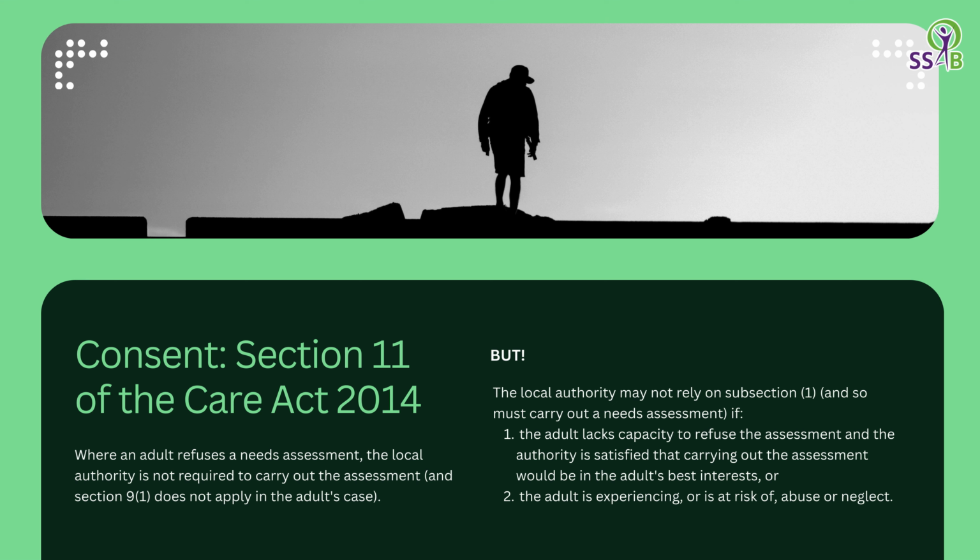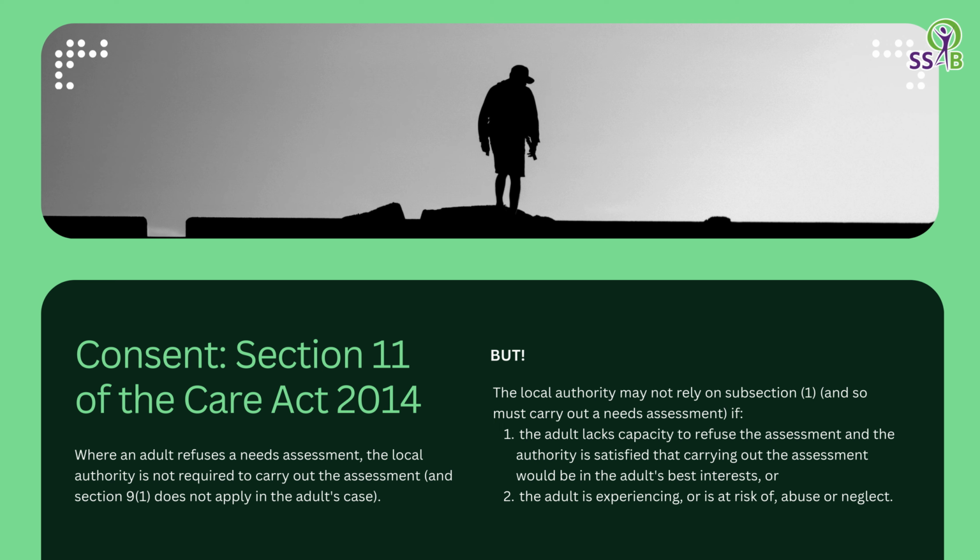I'm also sure that you are aware that Section 11 of the Care Act deals with consent. And it's quite clear that where an adult refuses an assessment of their needs, then the local authority does not have to carry out that assessment. But it's not as simple as that.